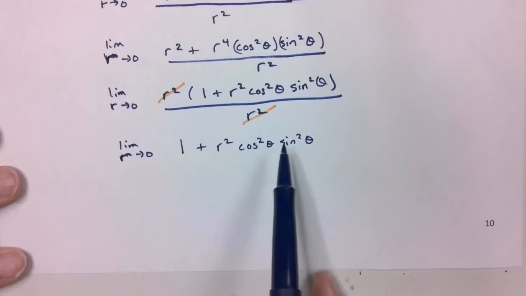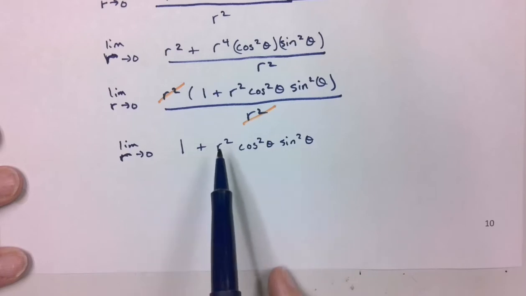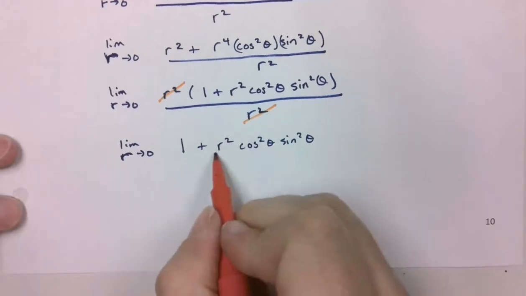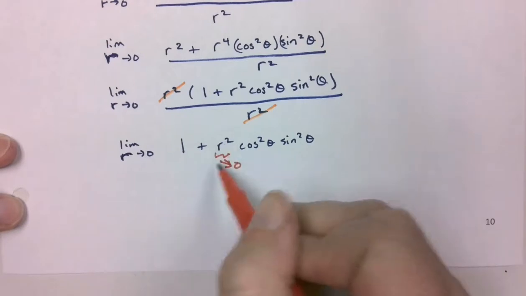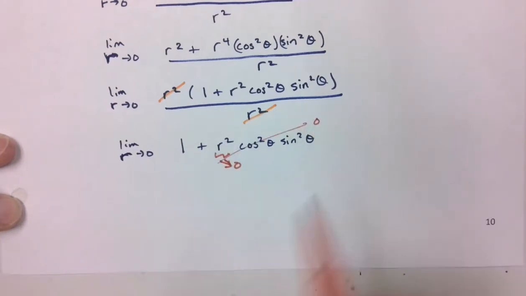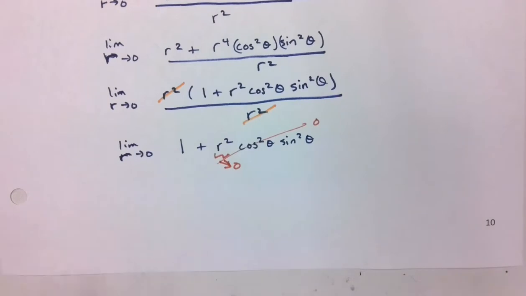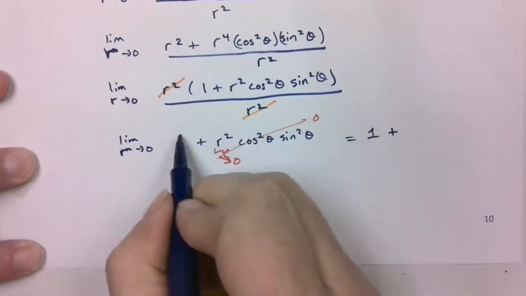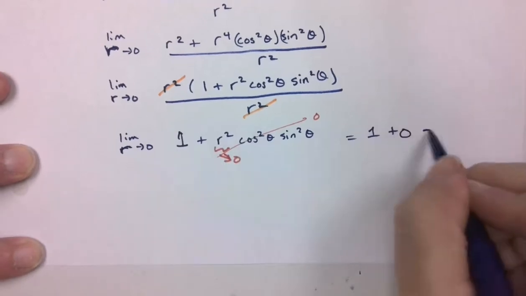So if I square them, they'll just become some number. So it'll be 1 plus r squared times some number, but the r is going to go to 0, right? This part right here is going to 0, which means this whole thing is going to be 0, because it's going to be 0 times something, whatever the something is, which means it's 1 plus 0, because you've got your 1 right here. So 1 plus 0, which is 1.